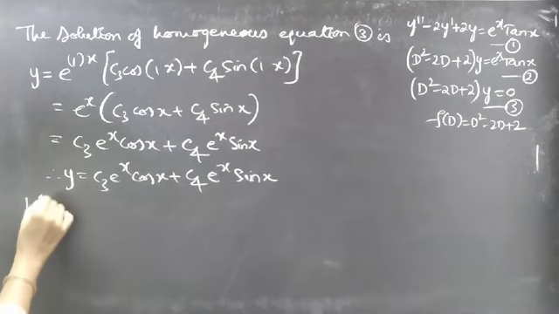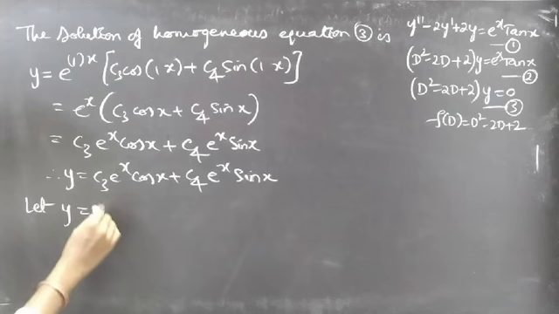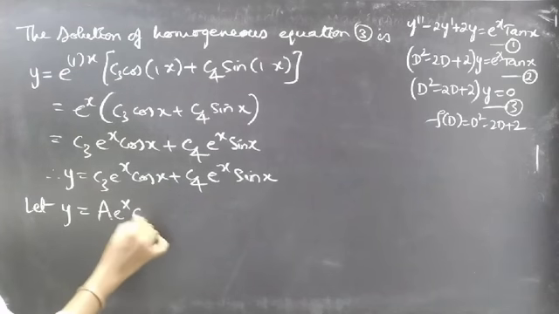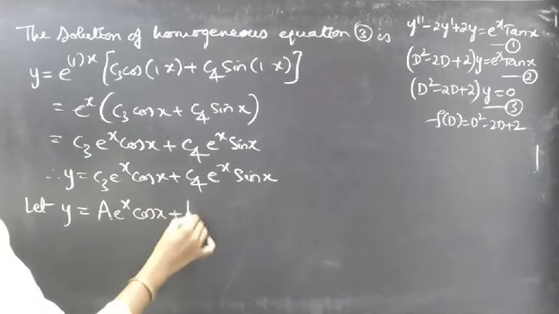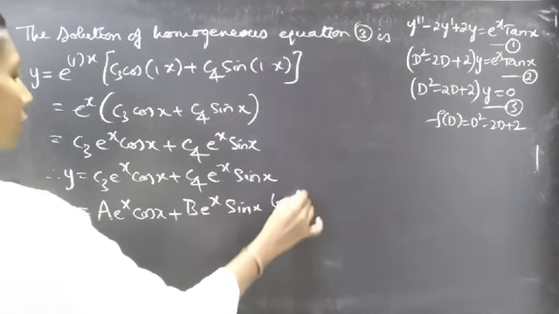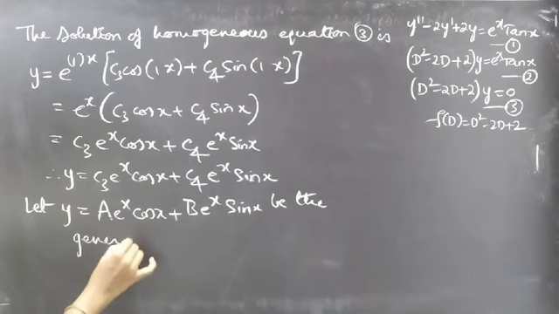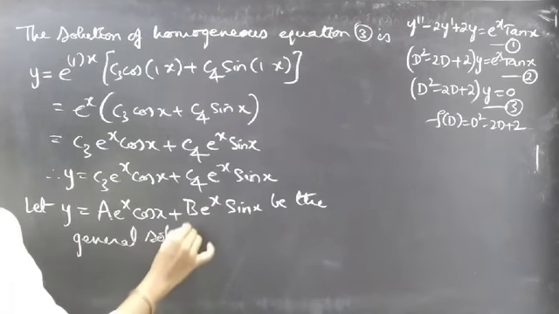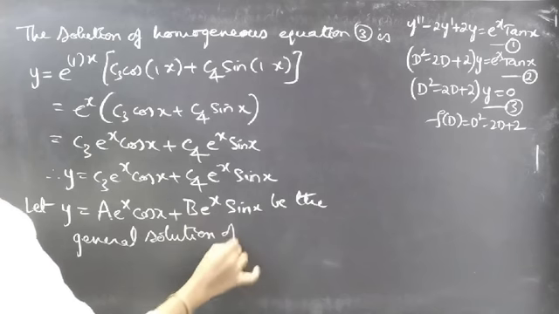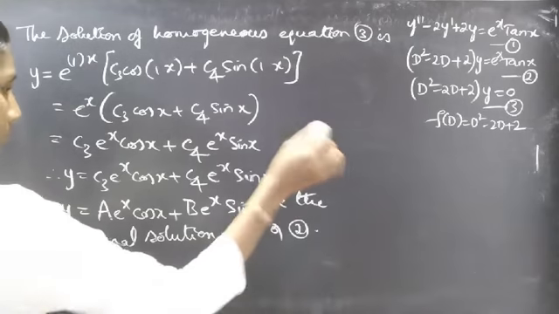Let y equal to, now replace the constants or parameters with functions of x, a and b. Then we'll get a e power x cos x plus b e power x sin x, the general solution of equation 1 or equation 2.